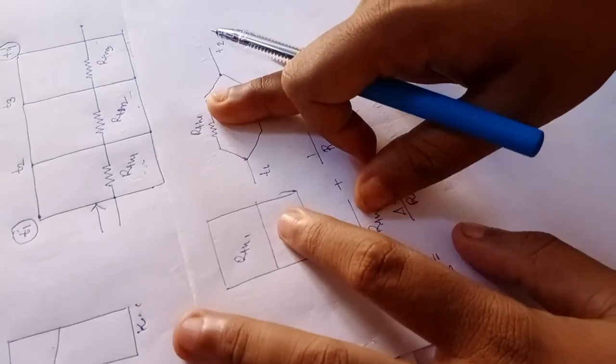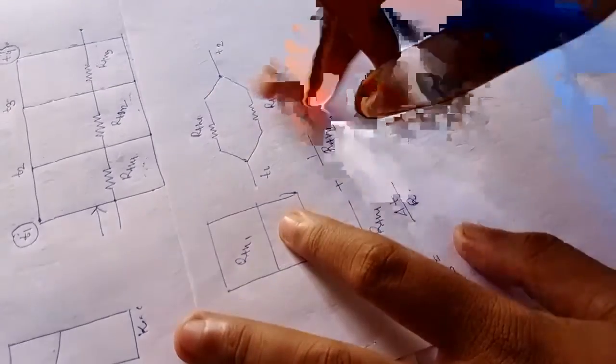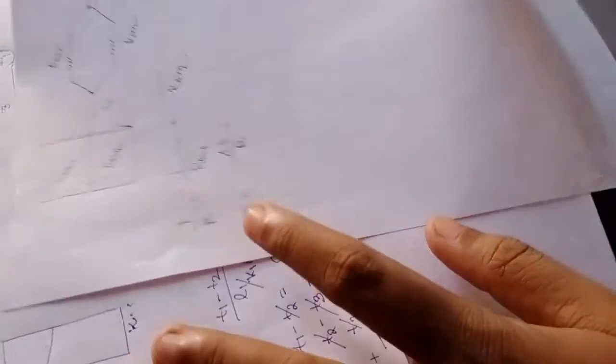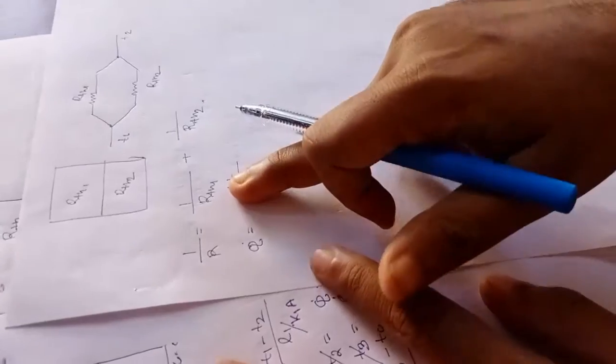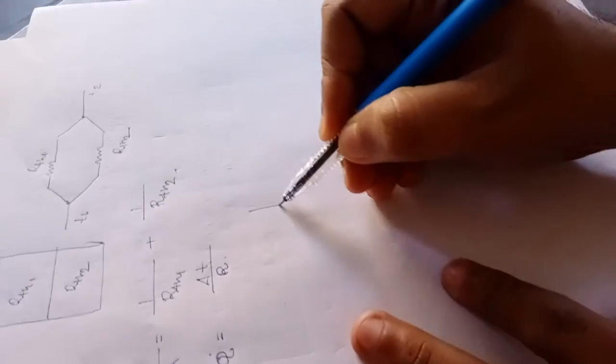But if it is parallel, then it will be a summation of the reciprocals of all the resistances, and the equation is 1 by R is equal to 1 by RTH1 plus 1 by RTH2. Right?